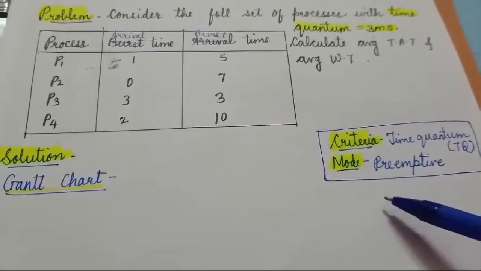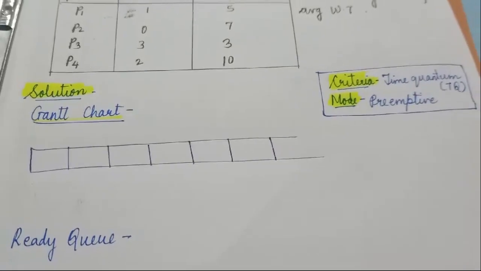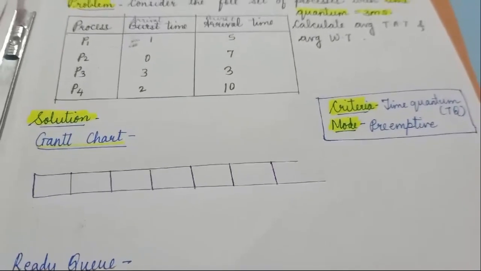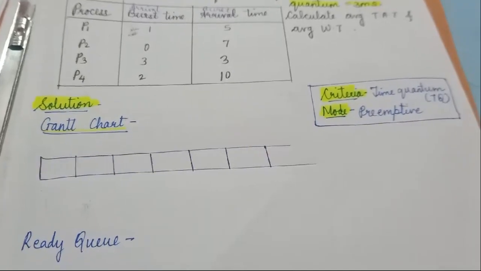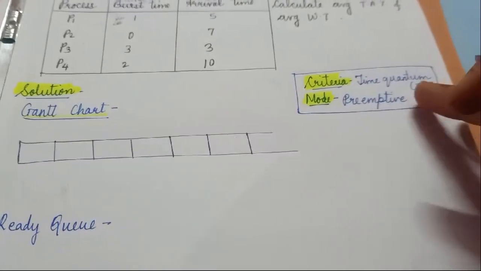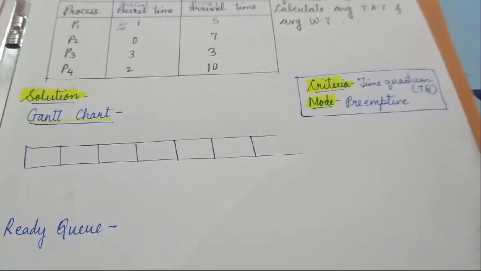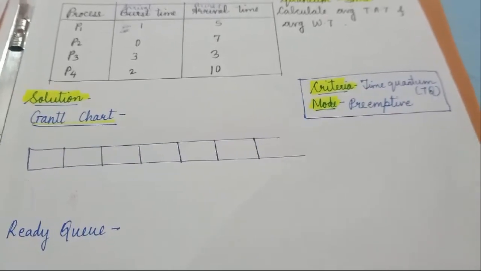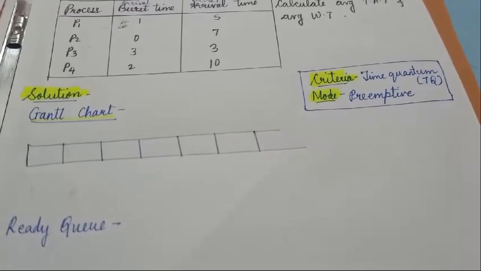Now let's start to draw the Gantt chart. Along with the chart, we'll also have a ready queue where all the processes will be in the queue. Let's begin. Firstly, when you start to draw the chart, we'll focus on the arrival time.